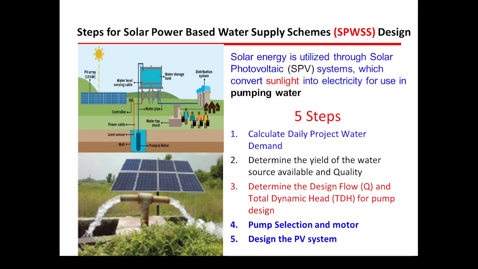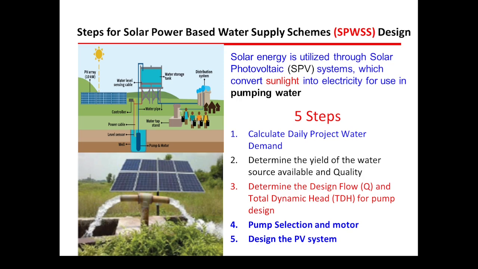Then through that tool it helps us to get the solar irradiance and also the ambient temperature. By getting these two parameters, it simplifies our work of designing the PV system and then coming up with the PV system which will meet our design.